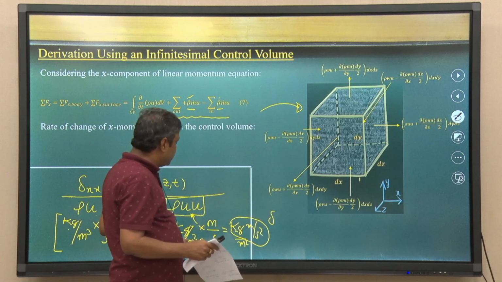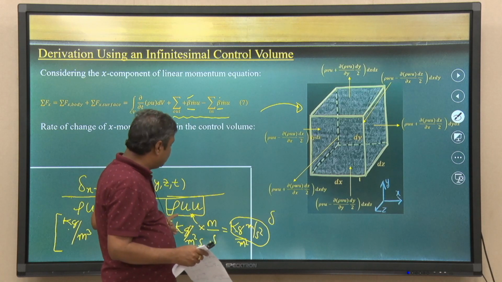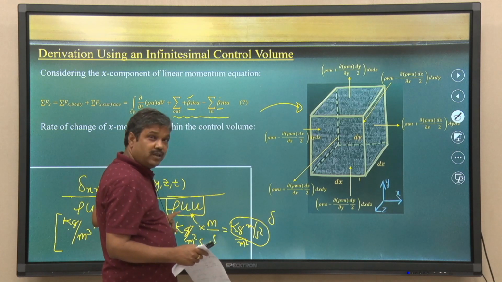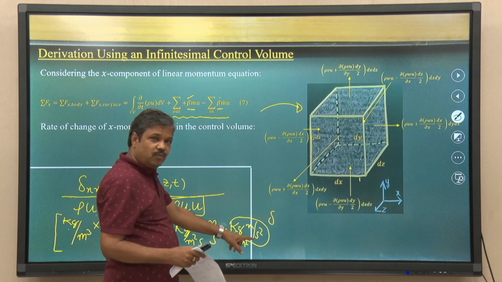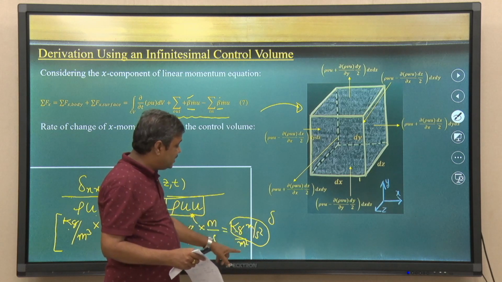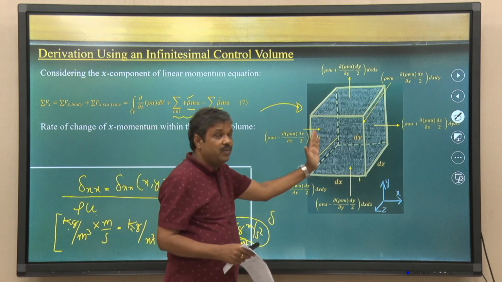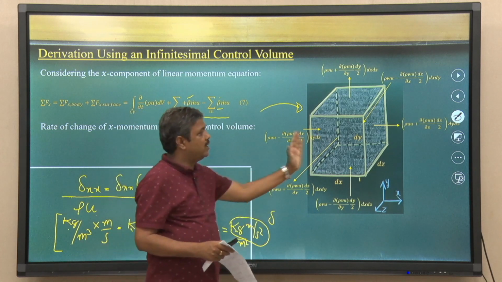What is the momentum flux? Because the mass flux is coming in the y direction, if you multiply it with rho u and u, that gives the momentum flux per unit area, which is mass into acceleration per unit area. That is the force due to the momentum flux going in or going out.